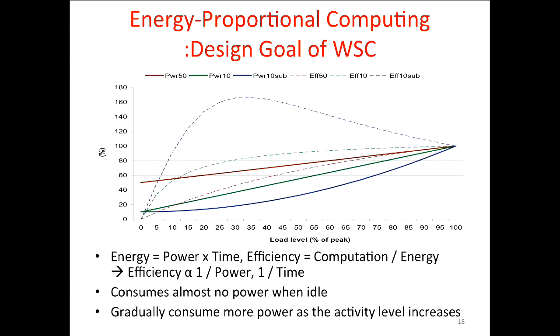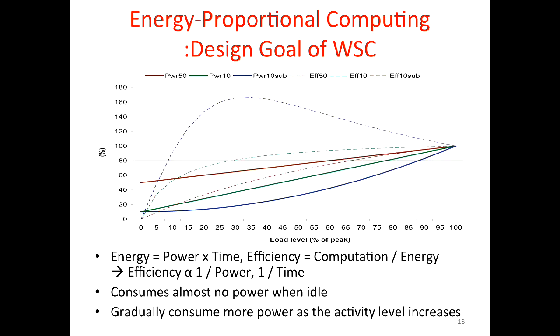So it looks very desirable because it consumes less power as utilization goes down. However, from the energy point of view, this brown dashed line shows its energy efficiency. As I said, the server spends most of its time at 20 to 60% utilization. However, the energy efficiency here is very poor.